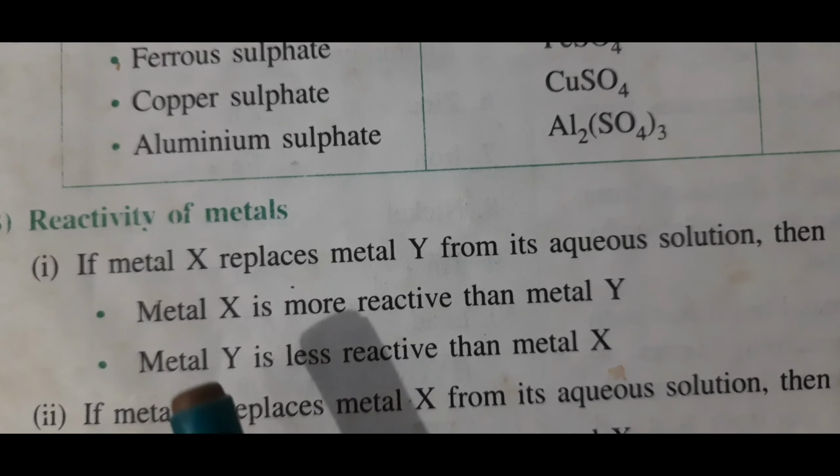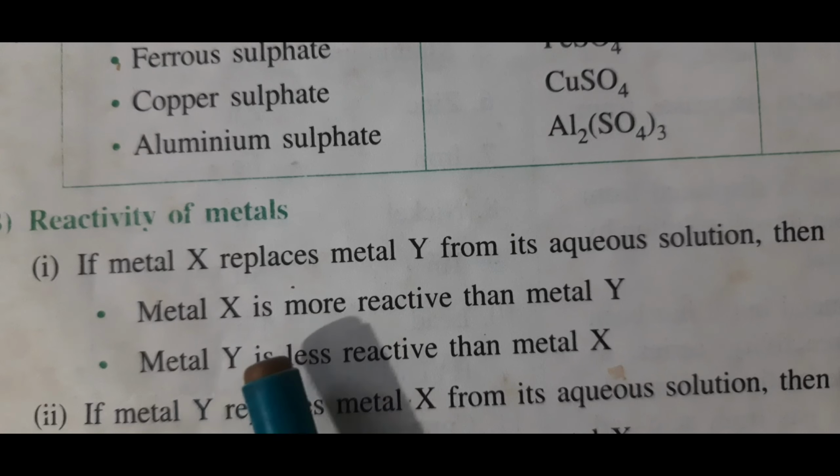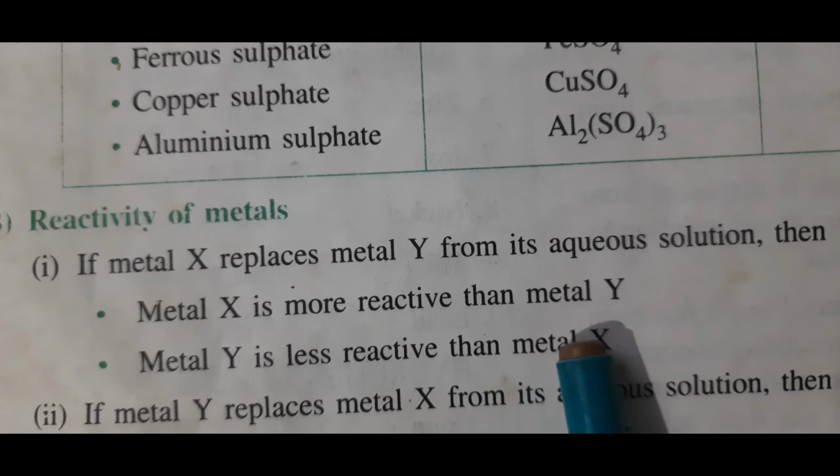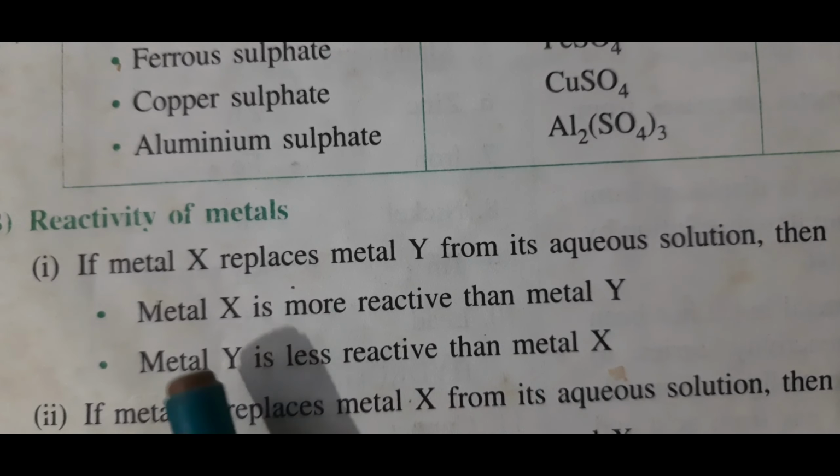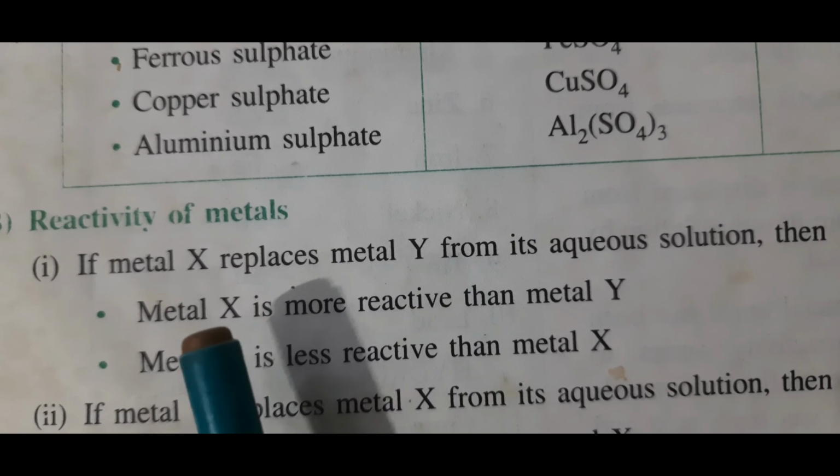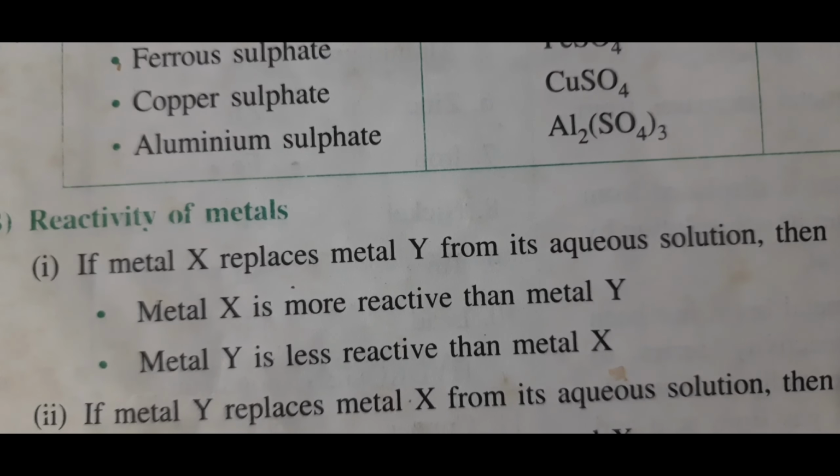Two things. Metal X is more reactive than metal Y. If metal X replaces metal Y, that means X is more reactive. We can write this in another form: metal Y is less reactive than metal X. Here X is more, here Y is less.